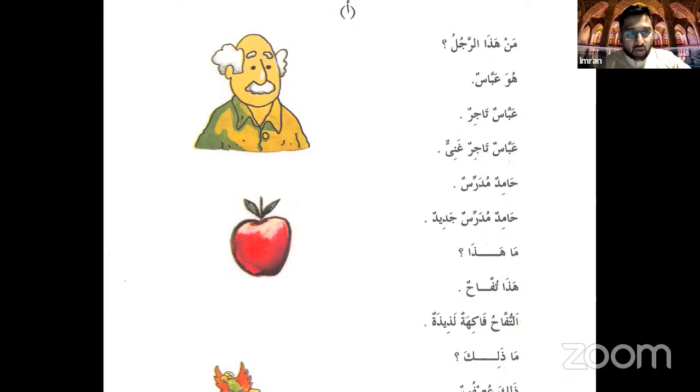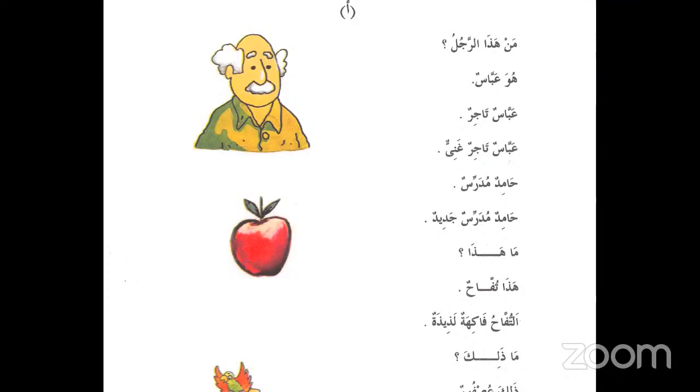So this is the ruling that the sifa and the mawsuf follow each other. Number 1, the gender, whether it's masculine or feminine. Number 2, whether it comes with alif lam or without alif lam.